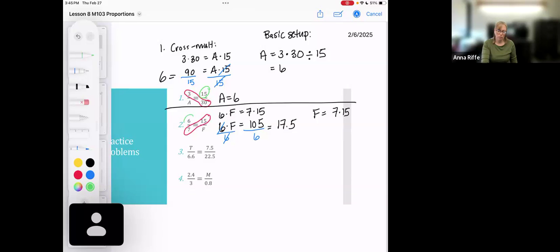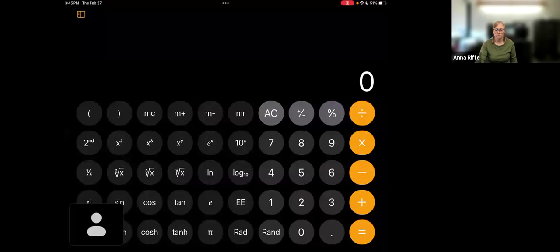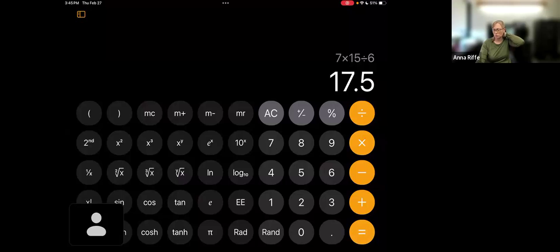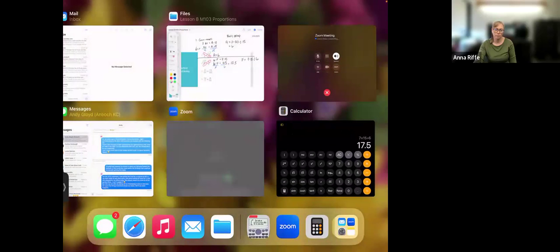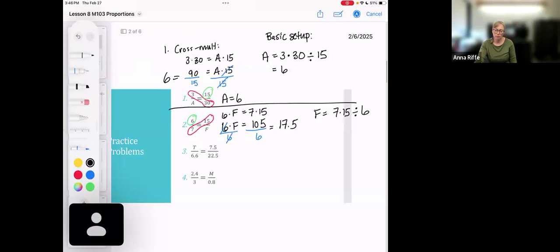And then there's one non-variable that remains. That's what I'm going to divide by. Divide by 6. That whole thing is going to go in my calculator. 7 times 15 divided by 6 is equal to, same thing we got before, 17.5.